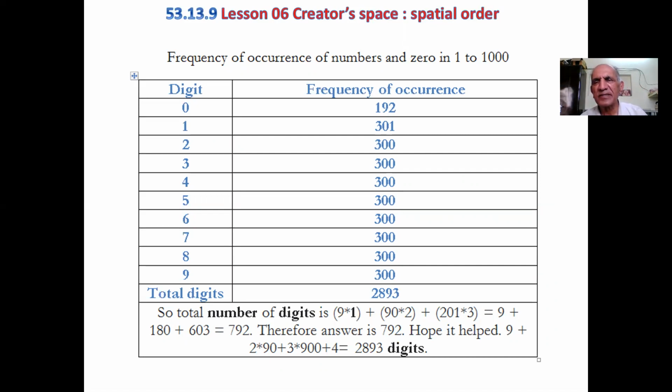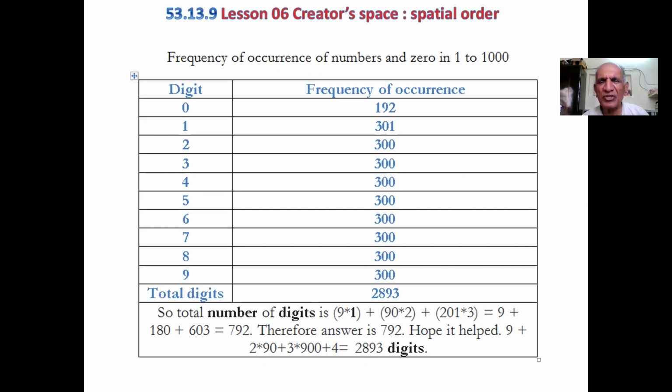Let us visit number values 1 to 1000. Let us tabulate the frequency of occurrence of digits 0 to 9 in composition of the numbers 1 to 1000.